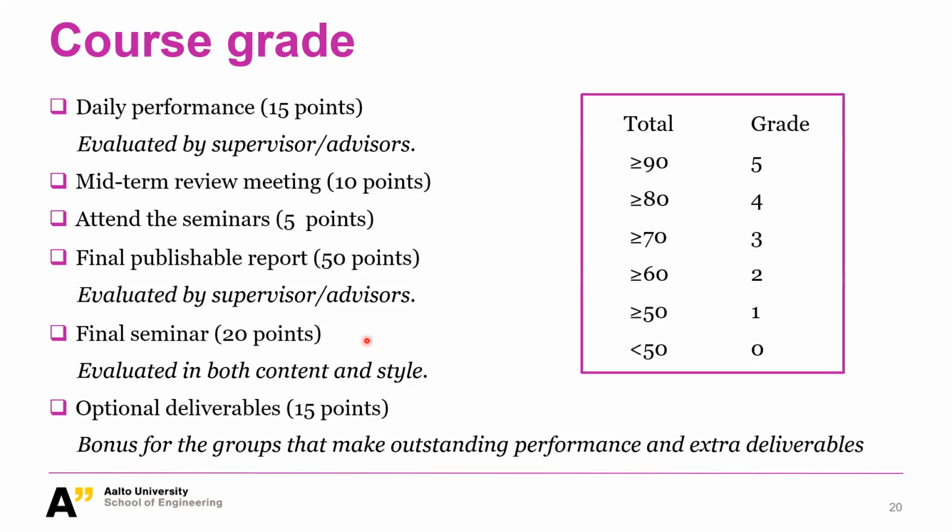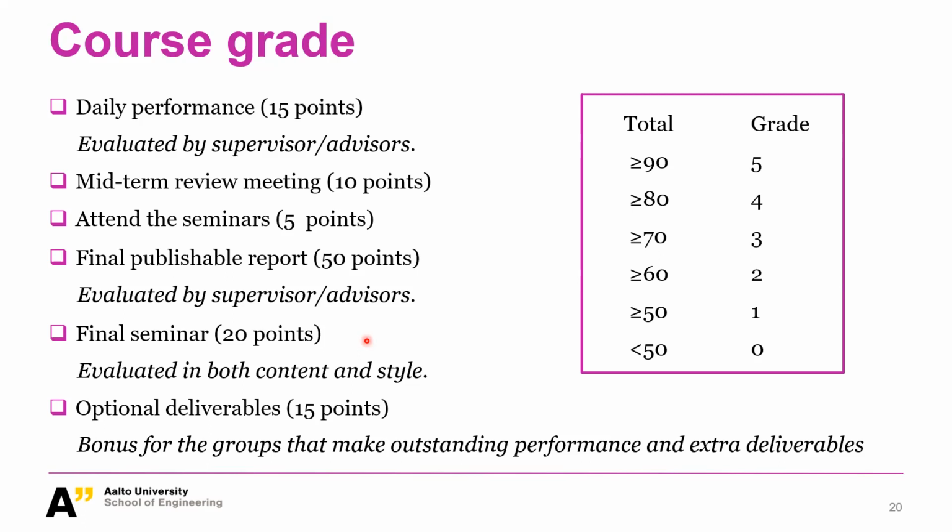And how to convert it to 0 to 5? You see, 5 is requiring something beyond the 90. So we're really generous here, actually. The maximum is 115, and 90 is already good.